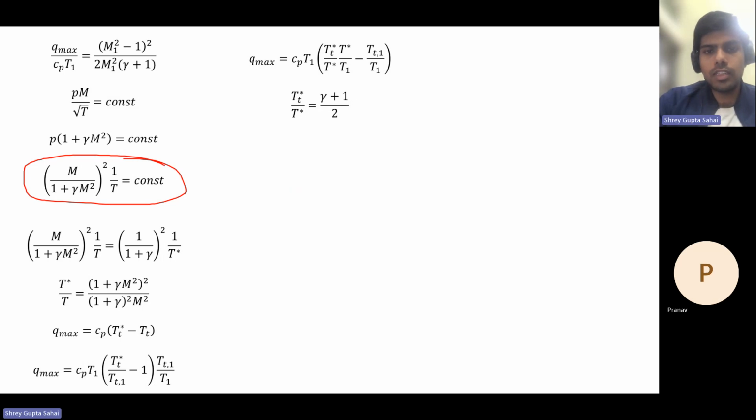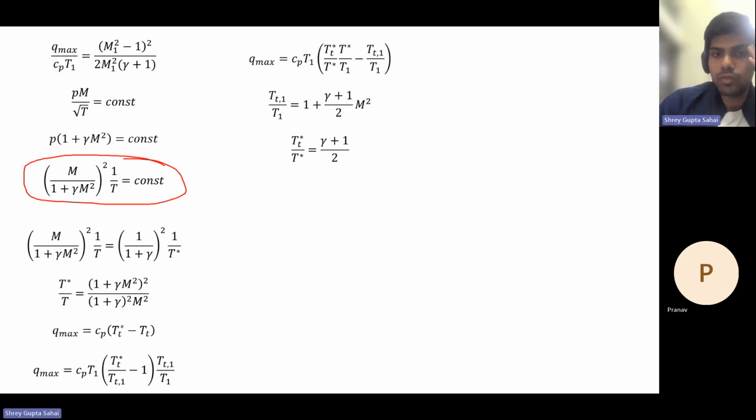Let me just write it straightforward. If we substitute Mach equals 1, we'll get this. It should be gamma minus 1 by 2.